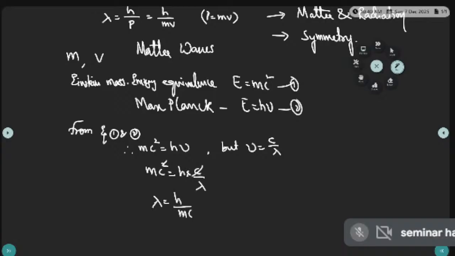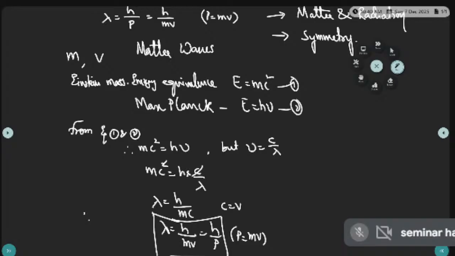If I take c equal to v, the particle moving with velocity v, lambda is equal to h by mv, which is equal to h by p, where p is momentum. So this is the relation between particle nature and wave nature, giving the expression for wavelength in terms of mass.